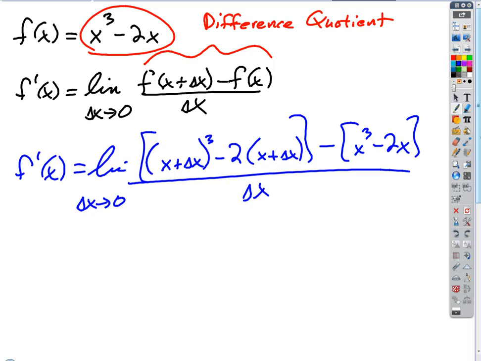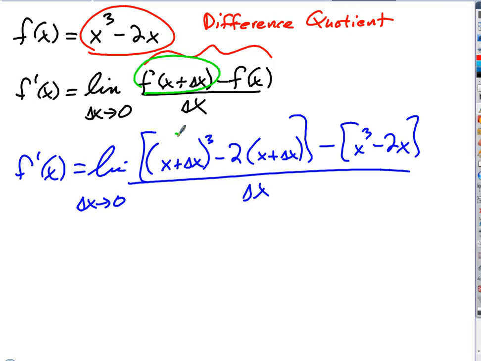Well, f of hand is hand cubed minus 2 hand, right? For the first part here, what's hand? Well, it's x plus delta x. So it's hand cubed minus 2 hand. That's this part. Let me color code it. So this part corresponds to that part right there.